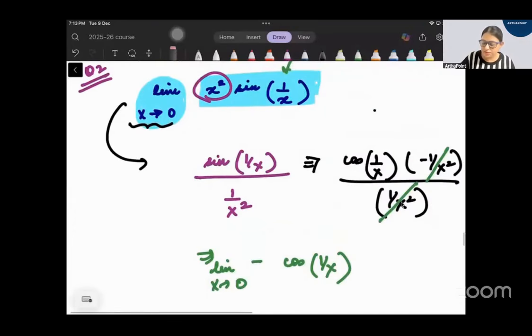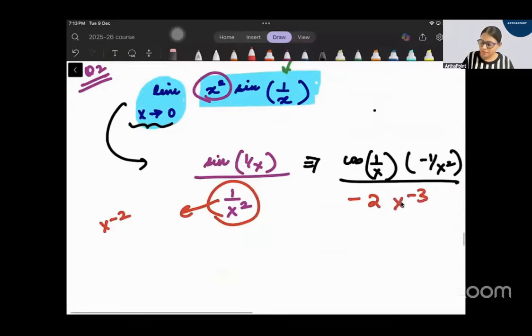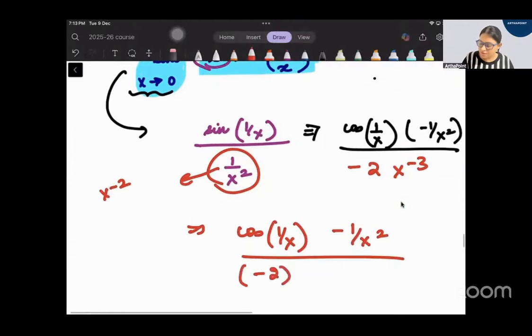Oh, sorry, I didn't differentiate the denominator yet. So you can differentiate the denominator separately. So this will be x to the power minus 2. When I differentiate it, it will be minus 2 x to the power minus 3. So this will be cos 1 by x into minus 1 by x square upon minus 2 into 1 by x to the power 3.